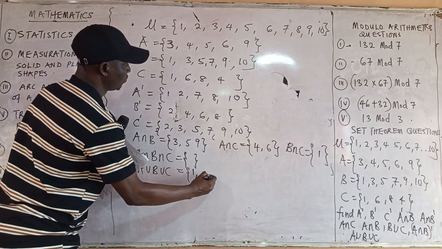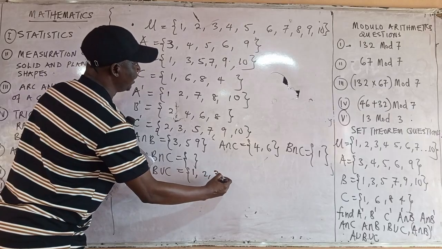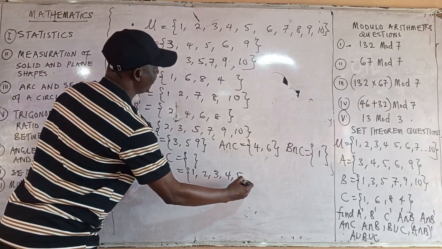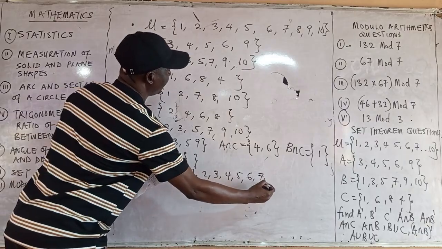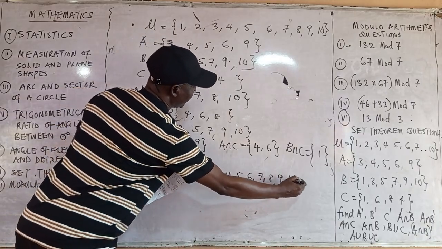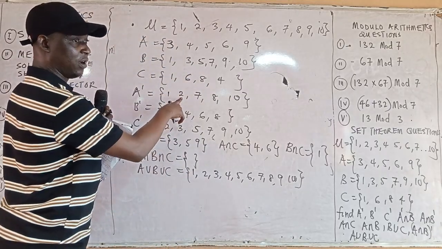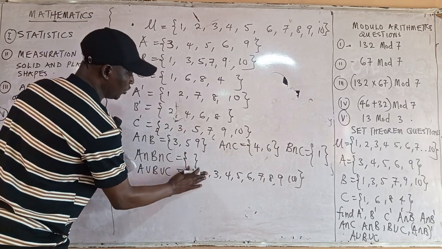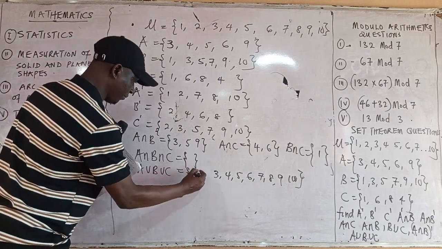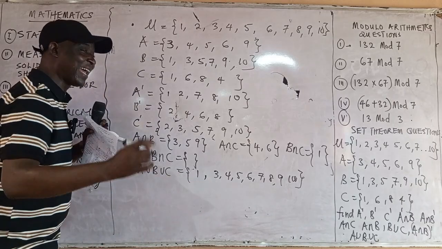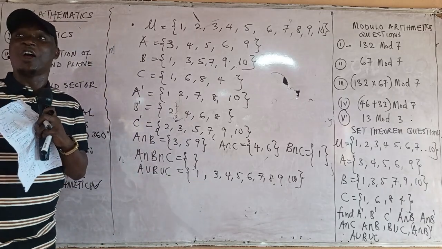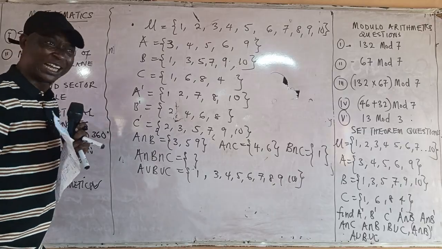What about A union B union C? 1, 3, 4, 5, 6, 7, 8, 9. Oh, sorry, no two. Not two, sorry. Okay, I want to ask you a very interesting question. Just watch out for it.